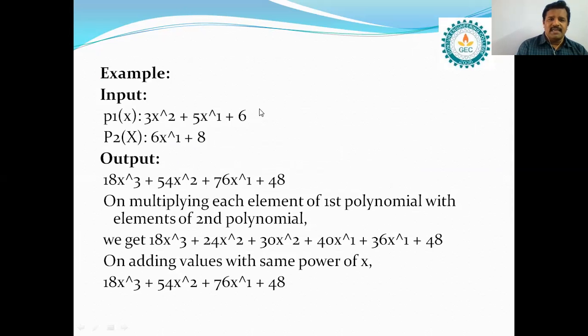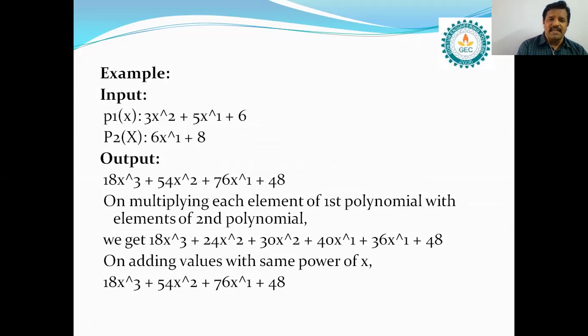Here the procedure is, the first polynomial expression should be multiplied with all the terms of the second polynomial expression, right? So first consider the first term in the second polynomial, that is 6x power 1. It should be multiplied with all the terms in the first expression. 6 times 3 is 18. x square into x1, that is x cube.